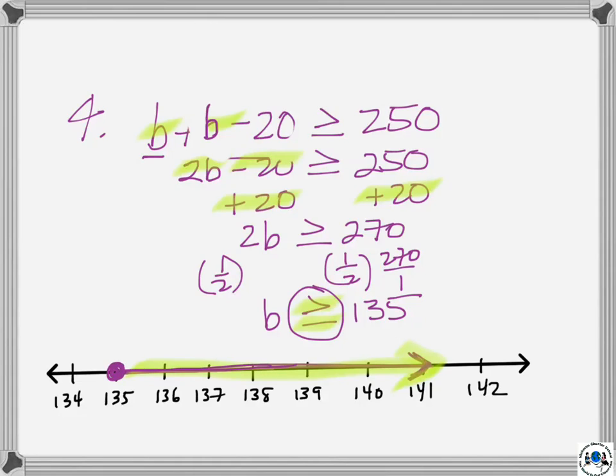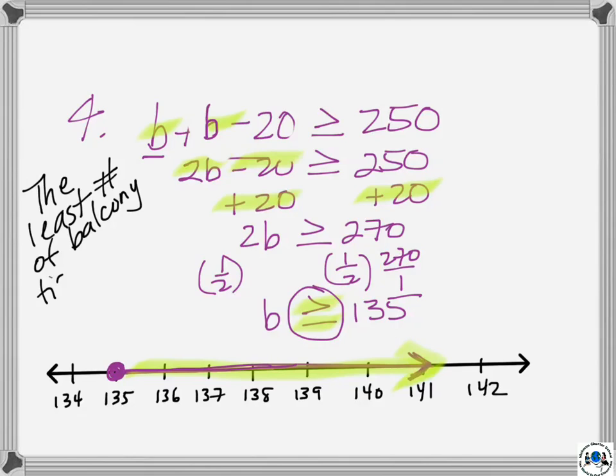Okay, let's interpret our solution. I'll go a little faster here. The least number of balcony tickets bought is 135. Okay, so it has to be more than or equal to 135.